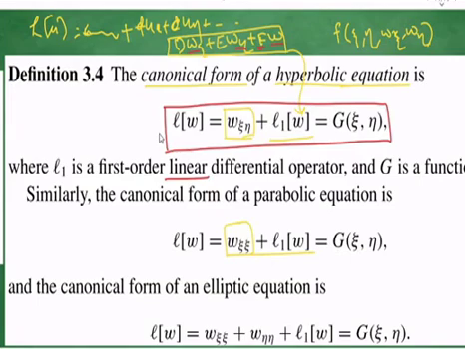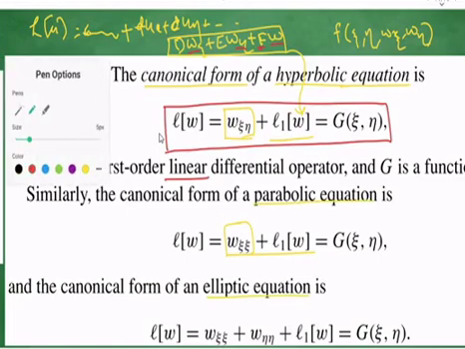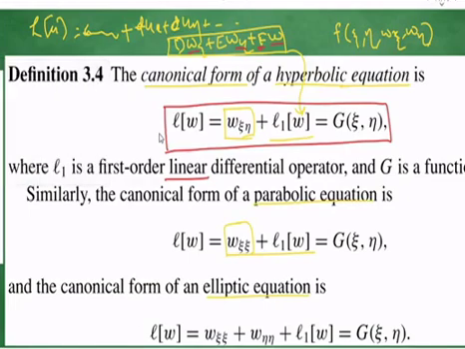Now the canonical form of the elliptic equation is LW equal to W theta theta plus W eta eta plus L1 of W equal to G of theta eta.